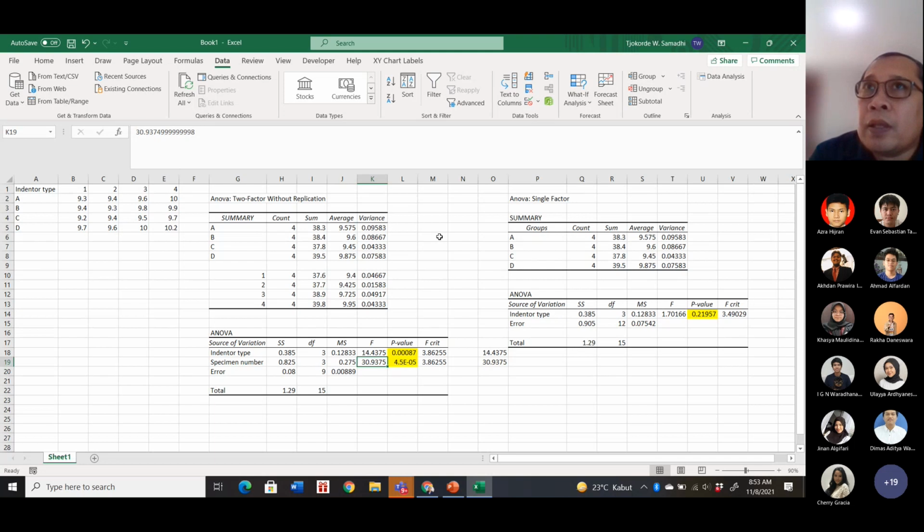Actually, if you work in an industry, chances are you need to use those simpler methods more than Anova. Okay, but if you're a researcher, if you continue your study to master or to a doctoral degree, then chances are Anova method will be more useful for you. You will need it more than the simpler, the two sample or one sample hypothesis test.